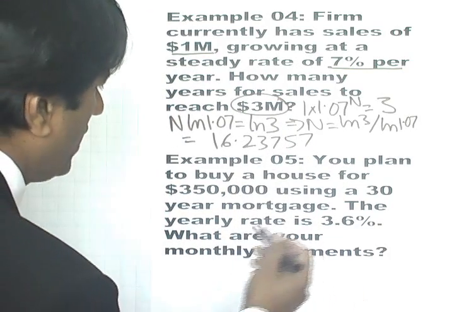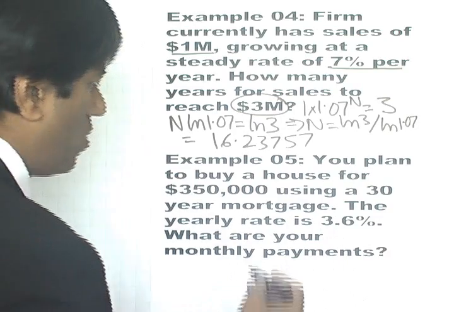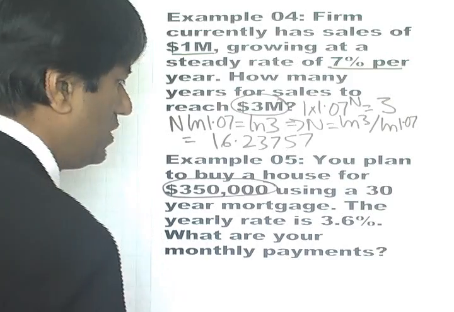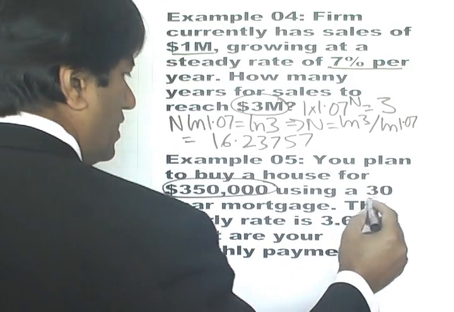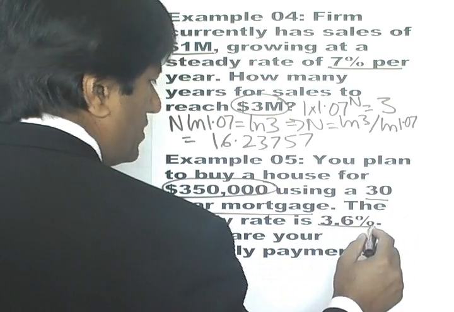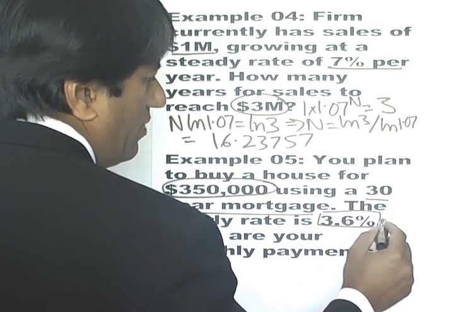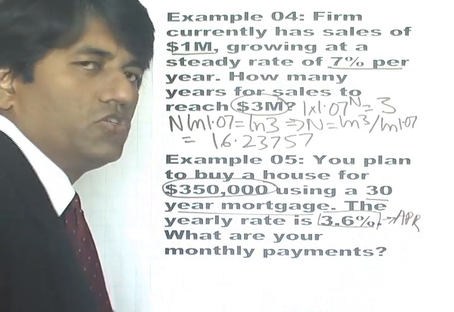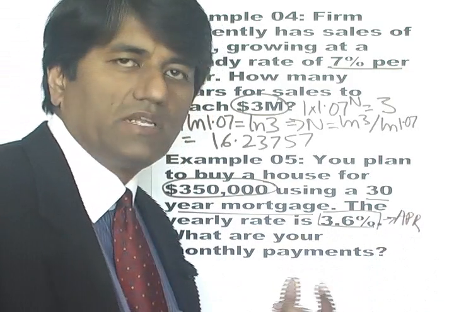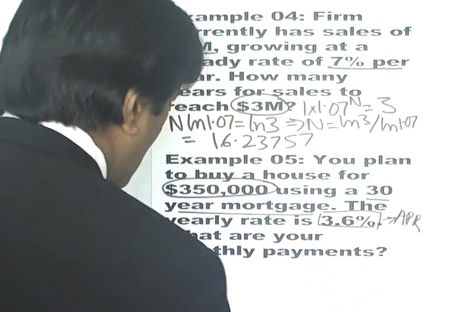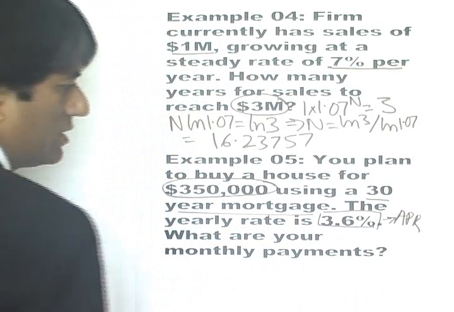In this question, it's a straight up mortgage question. You have a loan of $350,000 and it's a 30-year mortgage. Your mortgage rate is 3.6%, and this is the APR. So the actual rate will be 3.6% divided by 12, which is 0.3% monthly. And you have to find your monthly payments.